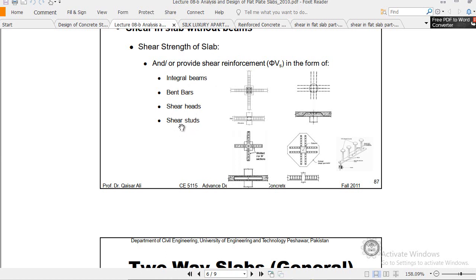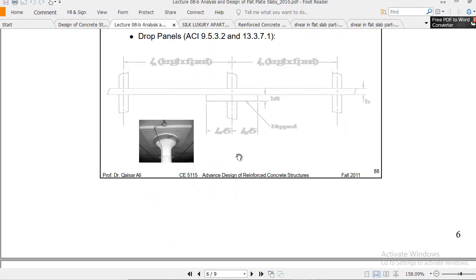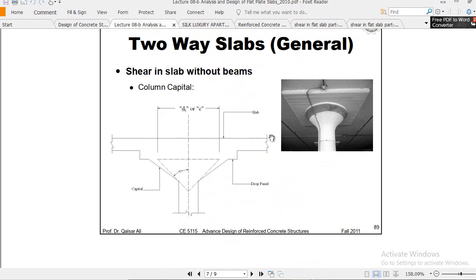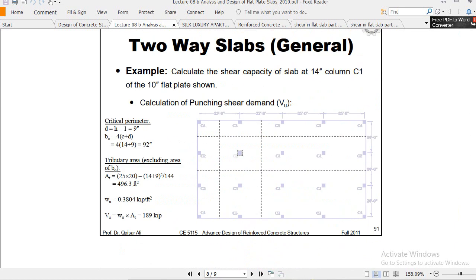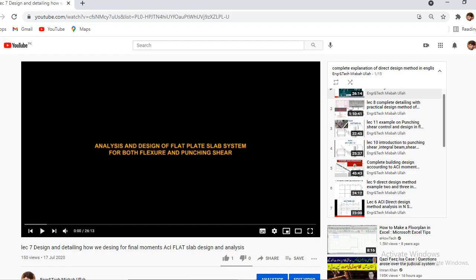We have not yet covered the design of shear studs, so you will understand what shear studs are, what the criteria are, and some examples on it. Similarly, I thoroughly explained column capitals and drop panels and covered examples, so please go to that channel and watch these two lectures.